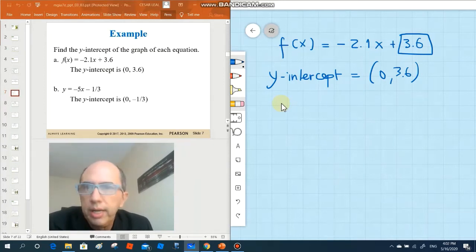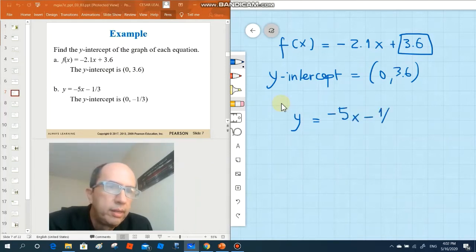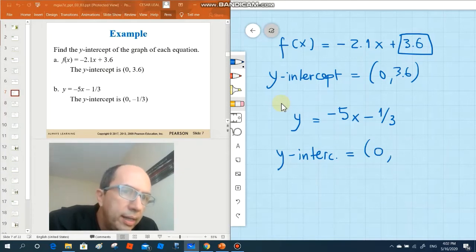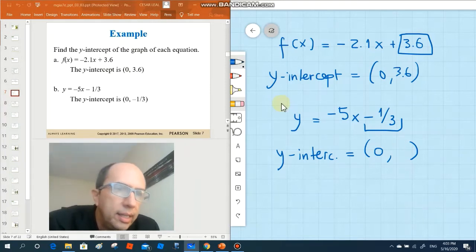This other function, y equals negative 5x minus 1/3: the y-intercept is (0, b), and b here is negative 1/3.